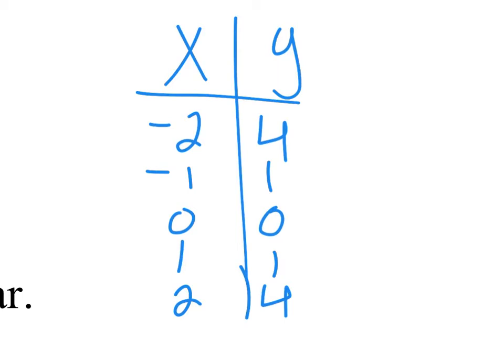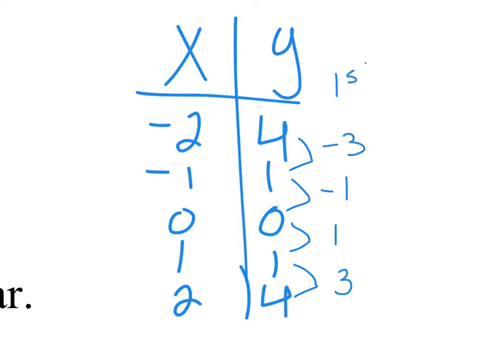So let's do some exploring here. Let's do our first differences, subtracting from the bottom up. 4 minus 1, 3. 1 minus 0, 1. 0 minus 1, negative 1. 1 minus 4, negative 3.